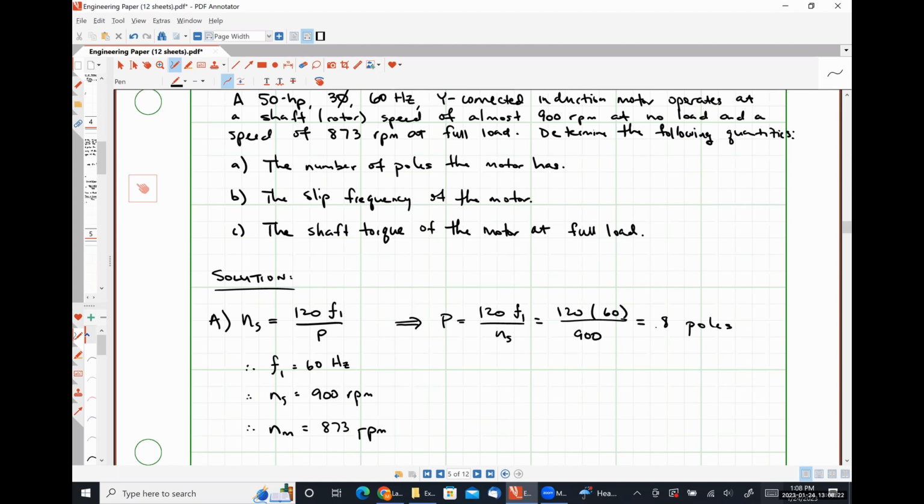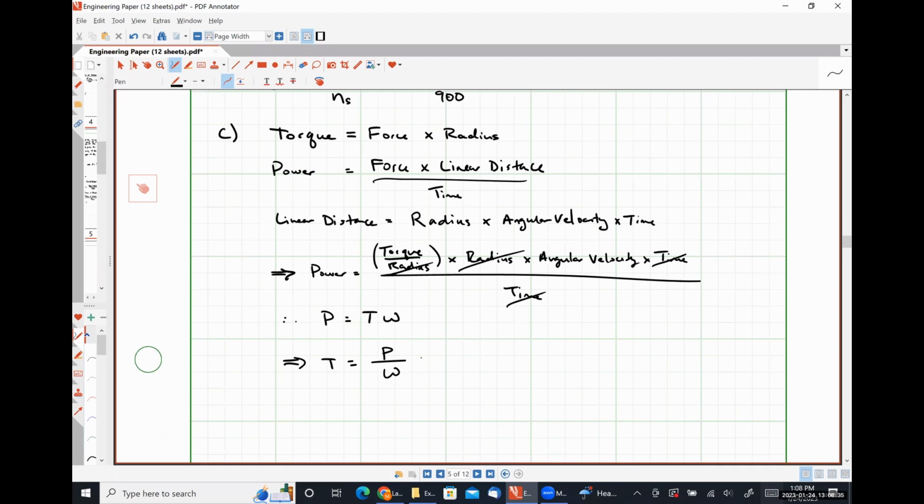Well, this is a 50 horsepower motor operating at rated load, so I would argue that the power being delivered to my shaft is 50 horsepower. And there are 746 watts per horsepower because I like metric units.